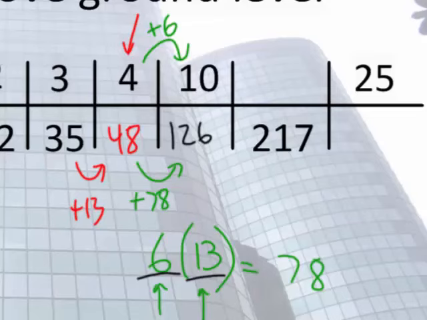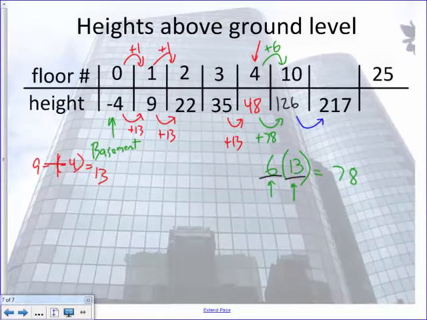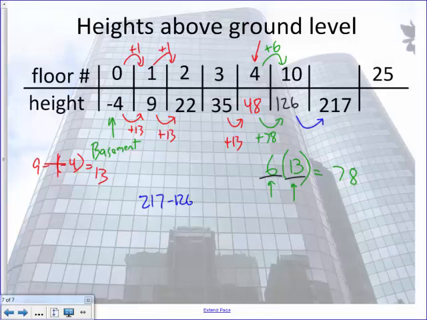Okay, now's where it gets tough again. We're going from 126 to 217, so I should probably figure out the difference there. 217 minus 126 equals 91. So I know it goes up 91.